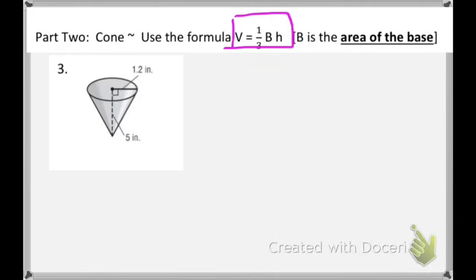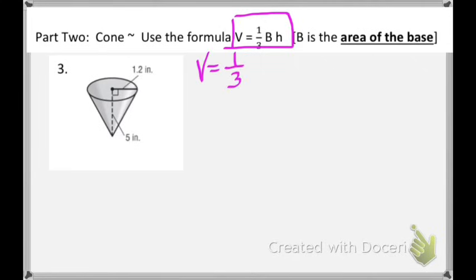Now, if I were to take a cone and a cylinder that had the same diameter, and I filled the cone up with something, water, whatever, and I poured it into that cylinder that had the same diameter and the same height, the cone would actually only fill up 1/3 of the cylinder. So that being the case, our volume says 1/3.